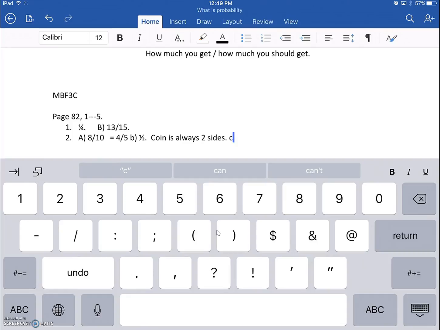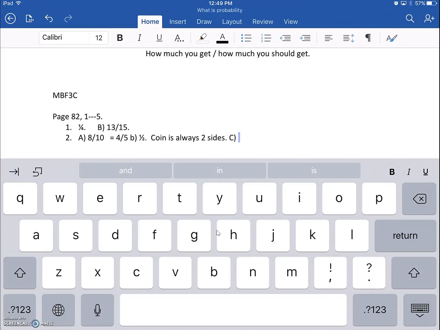So the third one: if you toss a coin several more times, would you expect the experimental probability to increase or decrease? And we need to explain it. Well, the answer in the back says it is going to decrease, but I've tried many times, and I think it may decrease or increase.